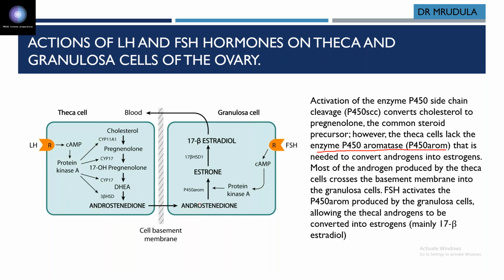This enzyme is important for the conversion of androgens to estrogens. With FSH receptors acting on the granulosa cell, these androgens are converted into estrogen in the granulosa cells. And the main estrogen present in the body is 17 beta estradiol.